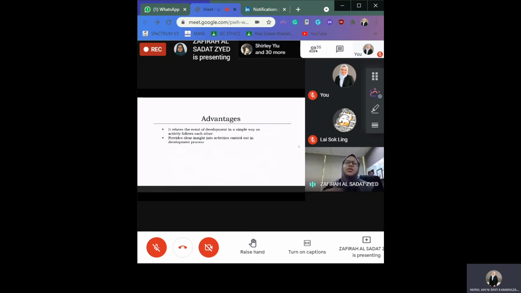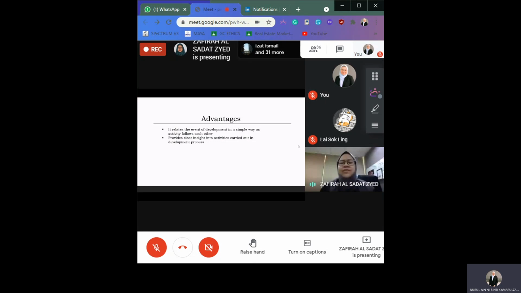Event sequence also has its advantages as well as disadvantages. The advantage is that it relates the events of development in a simpler way so that you can understand the activities in relation to each other. It's easier to understand what goes first, what goes next, what needs to be done before the next stage, etc.